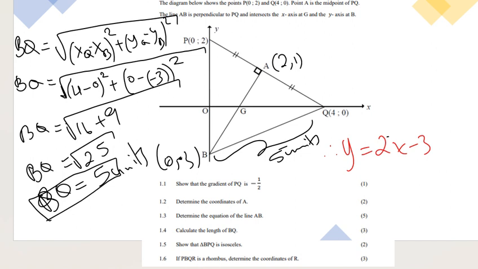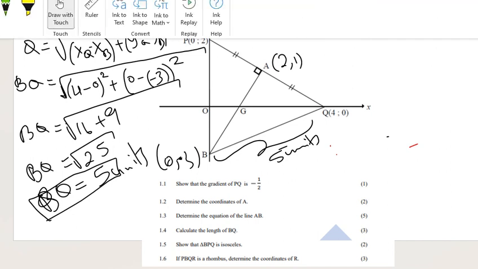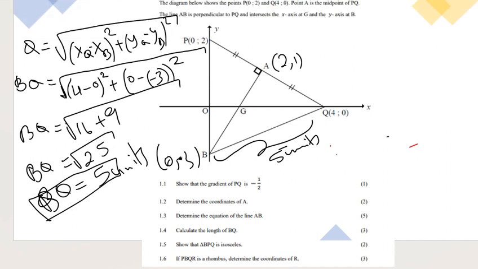Okay, show that this triangle above is an isosceles triangle. We need to recall the properties of triangles. So if this side is equal to this side but not equal to this side, then this triangle is an isosceles triangle.